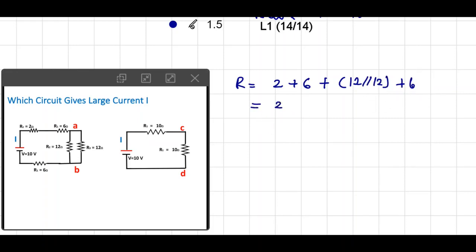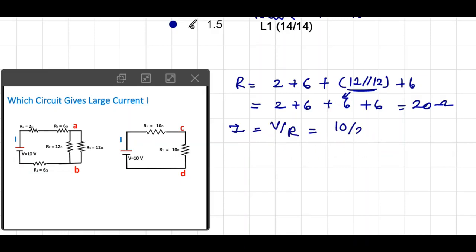So that is equal to 2 plus 6 plus 6 plus 6. This combination gives us 6, so it comes to 20 ohm resistance. So I is equal to V upon R, that is 10 divided by 20.